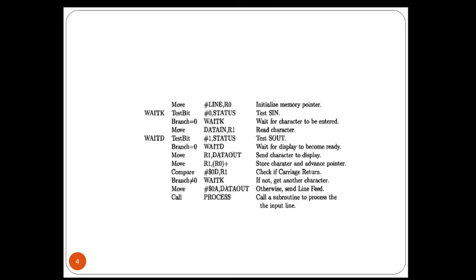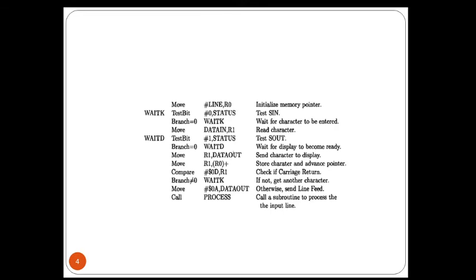As each character is read, it will be echoed back to the display. Whatever is entered on the keyboard is going to be displayed on the monitor. Register R0 is used as the pointer to the memory buffer area. When I enter a character from the keyboard, it is buffered and then sent to the display.